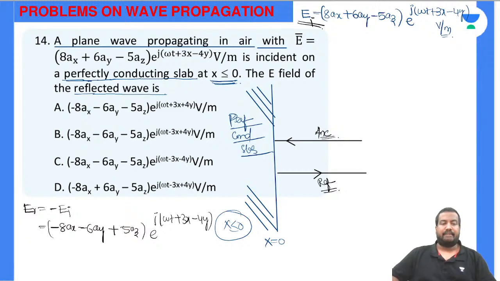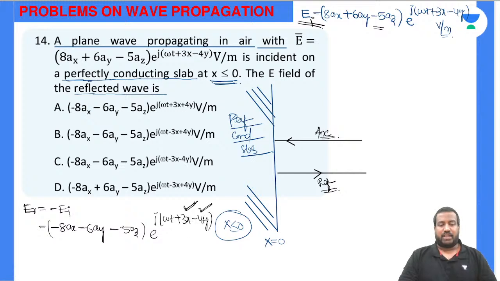Try and find the answer. Did you get the logic? Logic is very simple. Listen here. ER is equal to minus EI. But this sign won't change. Why? It will be same as incident only. It will be minus 5AZ only. Because if you see the orientation of the wave, it is in the XY plane.